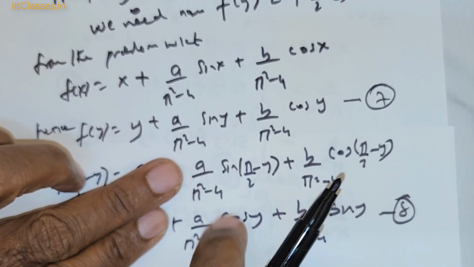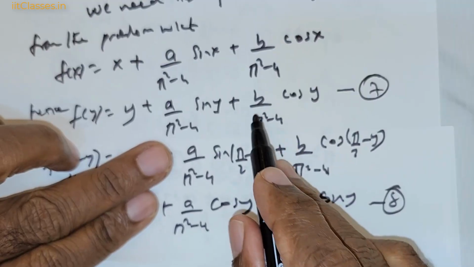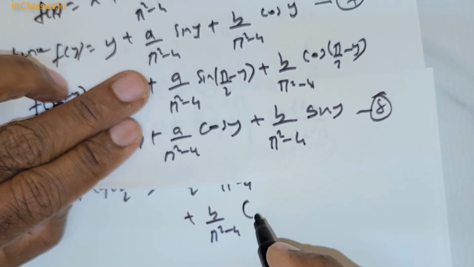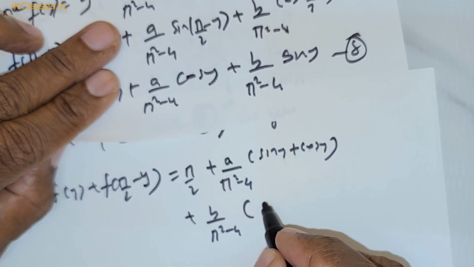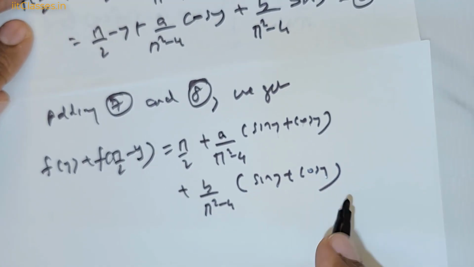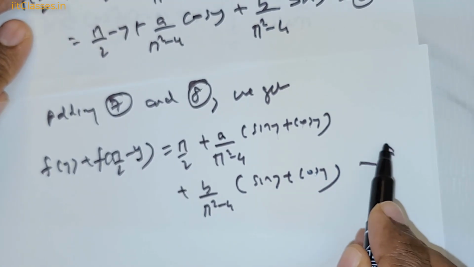That's for one term, and then b over pi squared minus 4 is taken out. You have cos y and sine y, so I'm going to write it as sine y plus cos y. So this is going to be my 9.